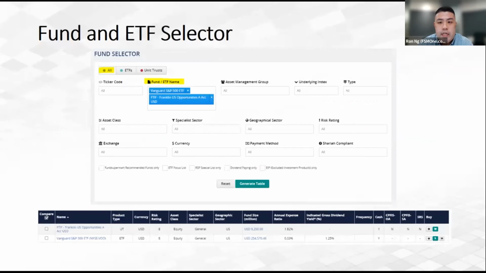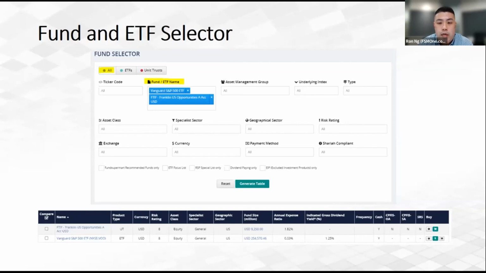For the fund selector, you can use it to compare unit trusts and ETFs at the same time. In this example, if you're an investor who wishes to compare the past performance of a US equity unit trust versus a US equity ETF, you can see that the expense ratio of the ETF is lower compared to the unit trust.